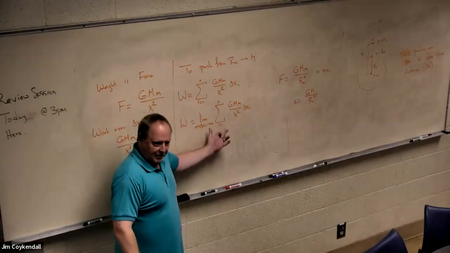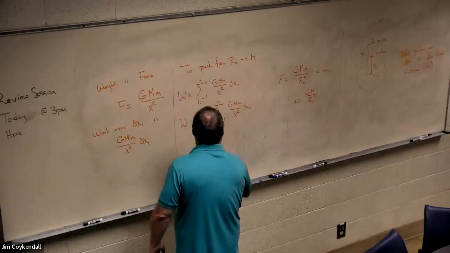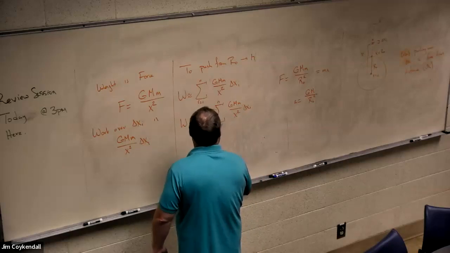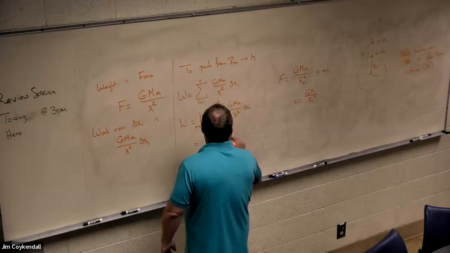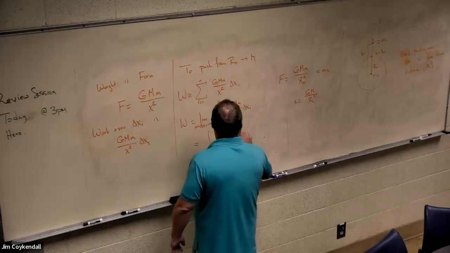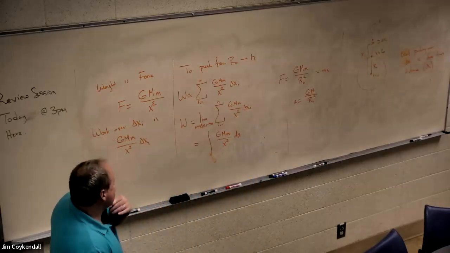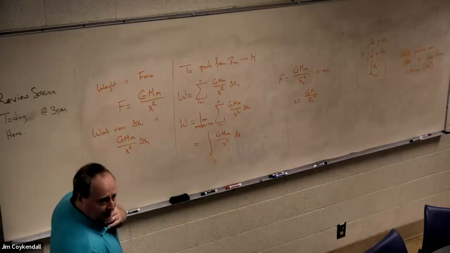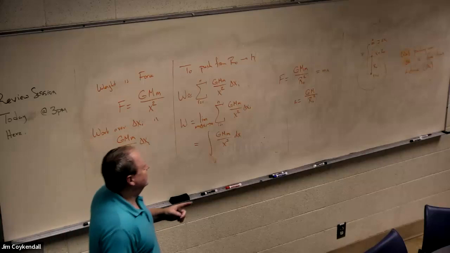And what does the sum become? An integral, of GMm over x squared dx. Everybody okay? We need limits though. Where do I start pushing? At what value of x? Not 0, right?